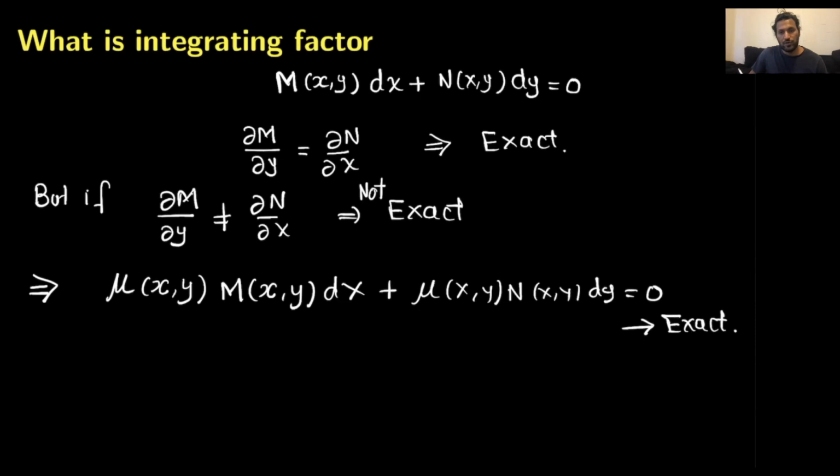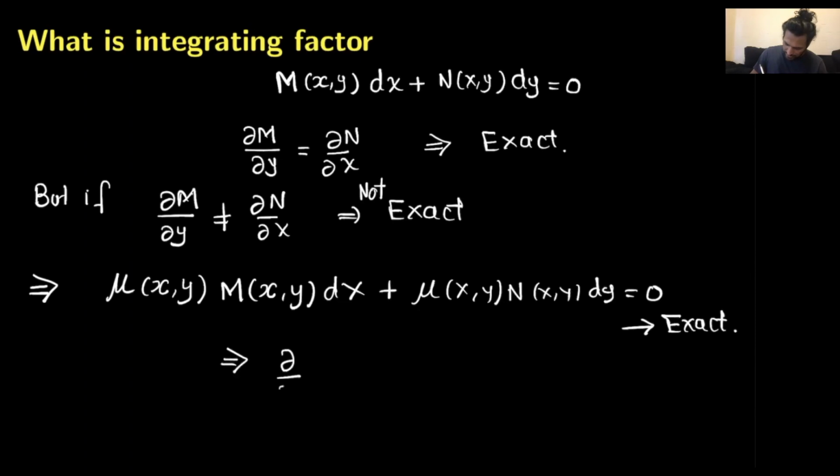So we will look for a function in order to fix the exactness. If we can find a function of x and y, we multiply throughout the differential equation, and this turns the differential equation into exact.